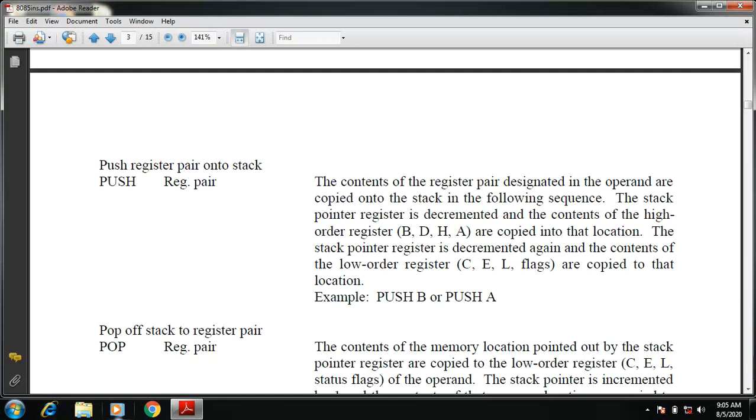Suppose push B means you store the higher order B, then the lower order C. D means higher order D, lower order E. H for the HL register, higher order is H and lower order is L. And A for accumulator, store the content directly.